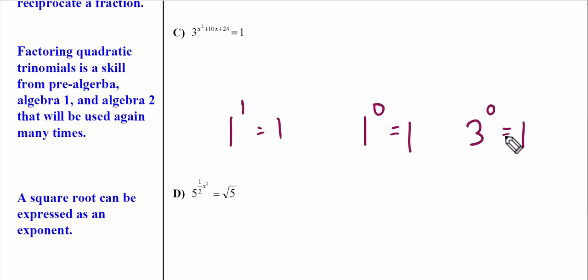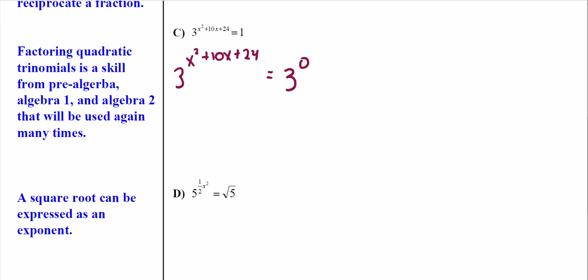That's 1. So may I propose that we set that equal to 3 to the 0 power? And now they have the same base. Oh snap. So we go ahead and set this up. The exponents are equal to each other.